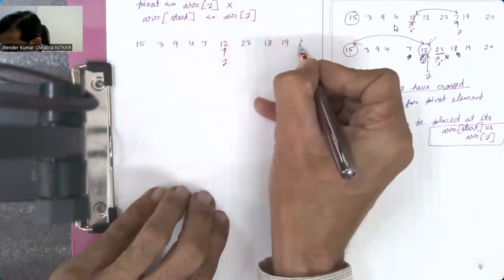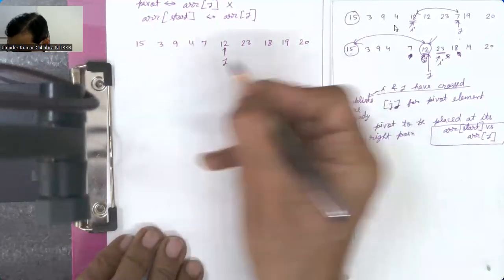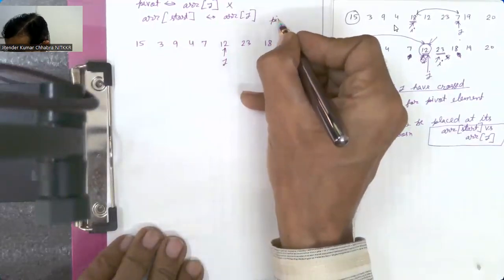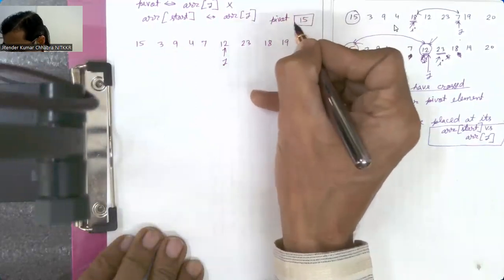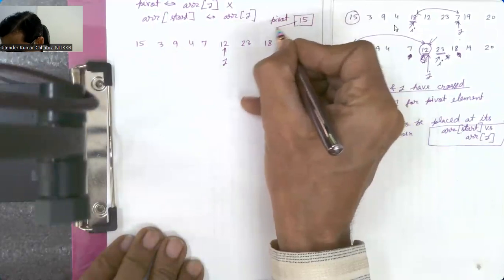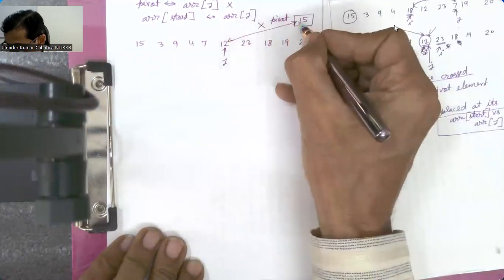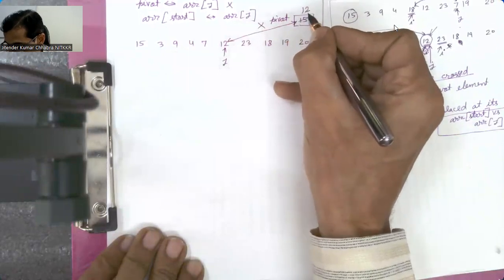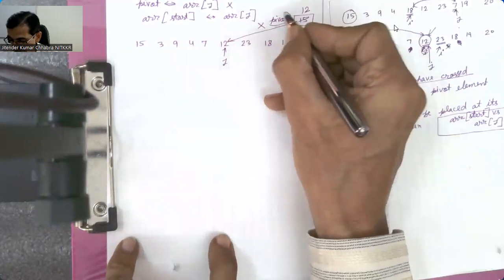If you try to have the pivot interchanged, pivot is a separate variable where you have stored 15. So if you try to interchange 15 versus 12, it will be incorrect because a 12 will reach here, which will not be the correct position for the 12. It is an outside variable.